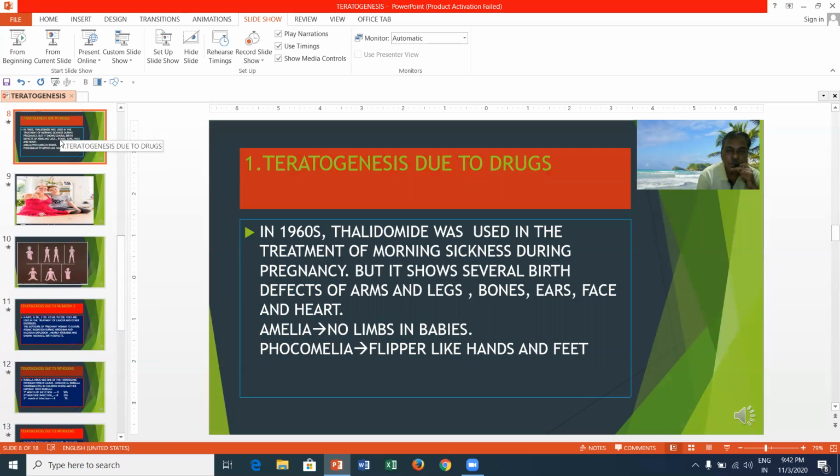Here, thalidomide is the drug that causes so many abnormalities in a growing embryo. It was one of the drastic effects shown in the 1960s. Nearly 10,000 children were drastically affected by this type of drug. This is the teratogenesis done by the various components.